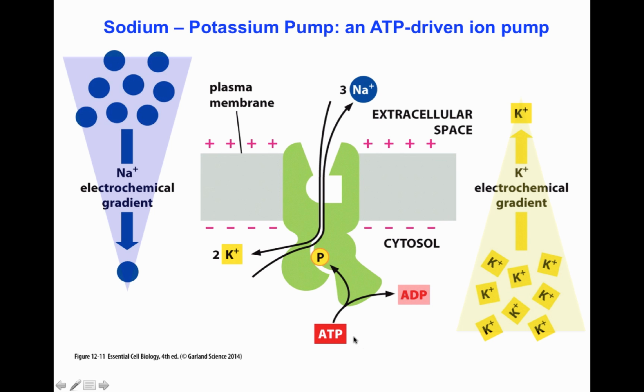So by using the energy of ATP hydrolysis, we are able to move the sodium ions against their concentration gradient and the potassium ions against their concentration gradient.